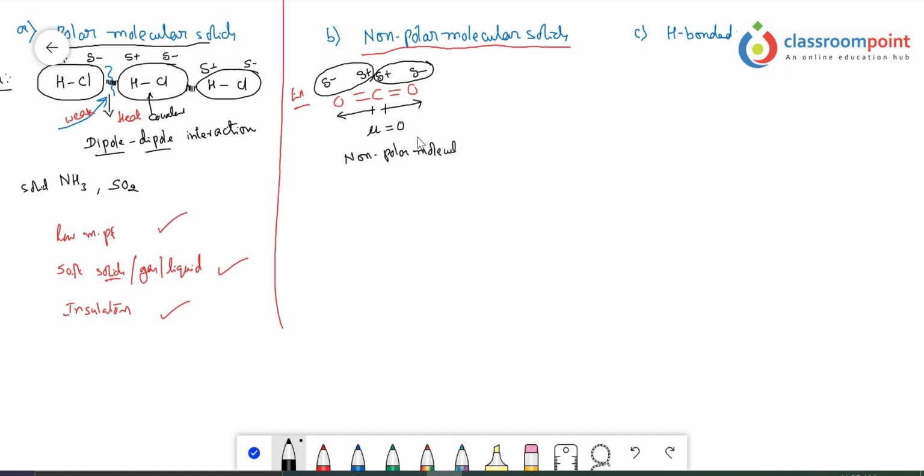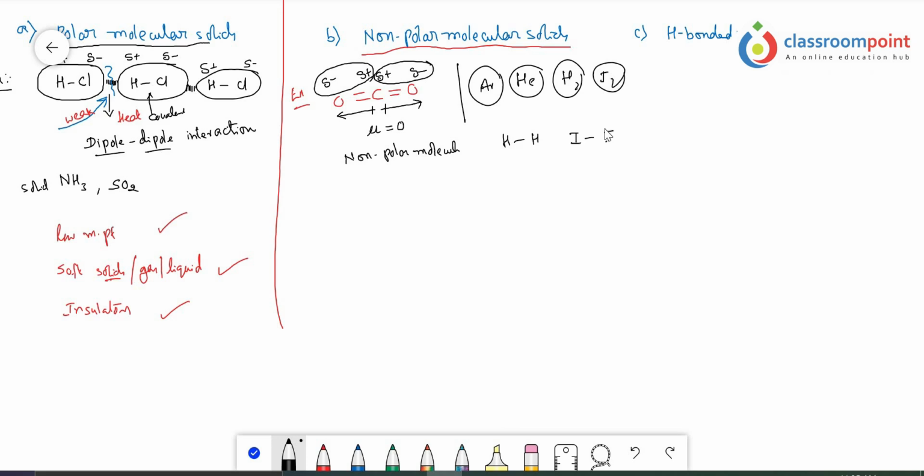Once the dipole moment is equal to 0, such types of molecules are called non-polar molecules. Like that, not only this particular one, you can take argon, helium, the H2 molecule, and the I2 molecule. These are all non-polar molecules. Here argon and helium are atoms. If you take hydrogen, there is a covalent bond between the same atoms, so there is no question of which one is getting the partial negative charge and which one is getting the partial positive charge, because poles shall not be formed.